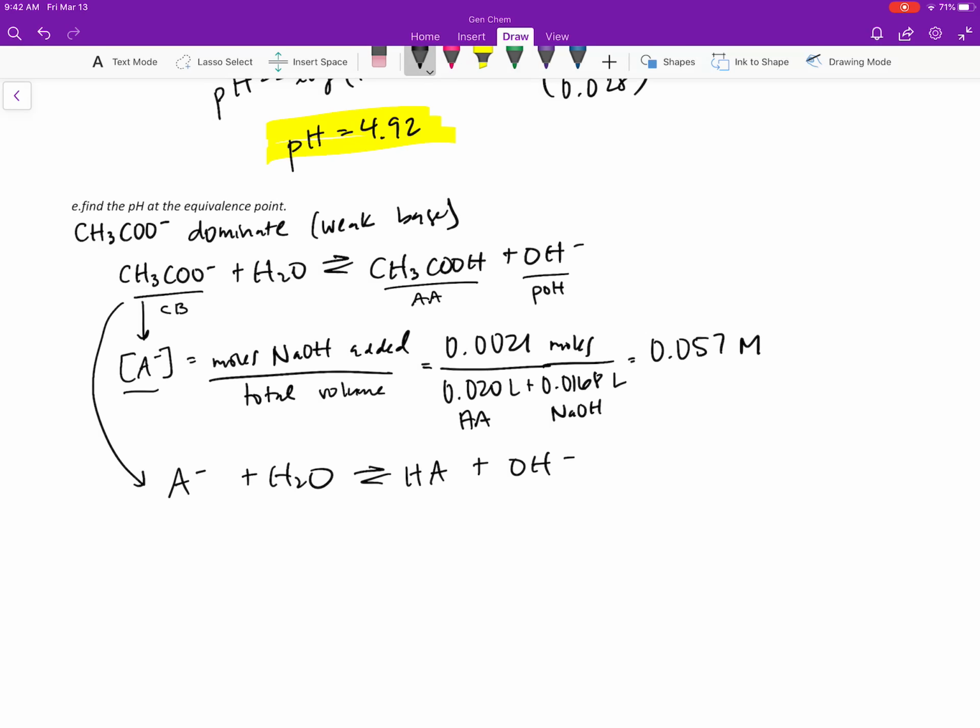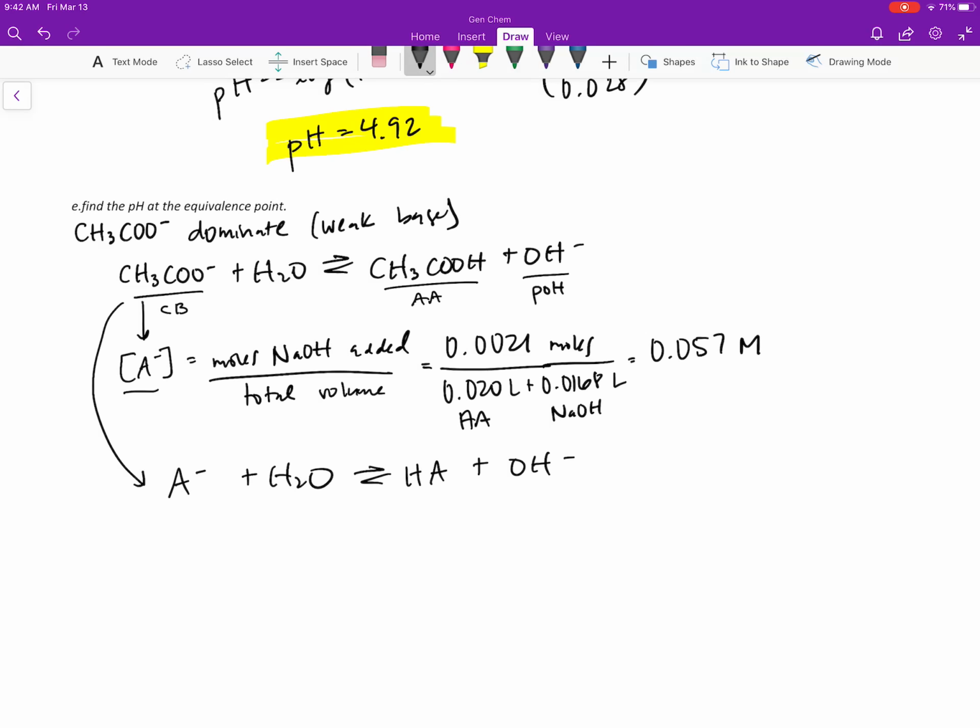So for sure, if I multiply this by 1,000, it's still going to be much smaller than my 0.057. So in this case, because this is smaller, I get to get rid of that minus x, which makes my life a lot easier.